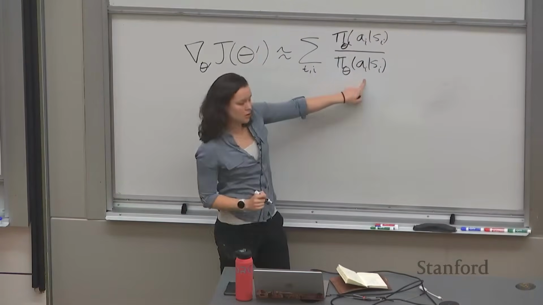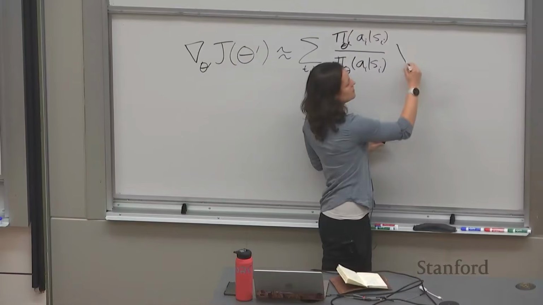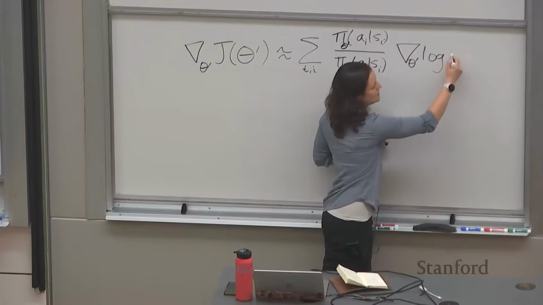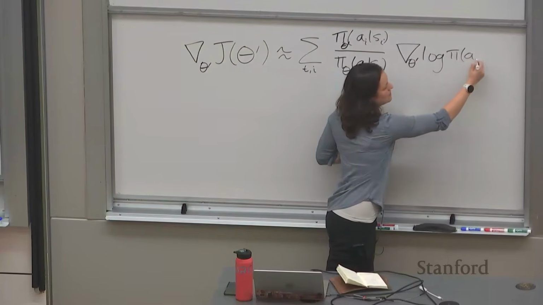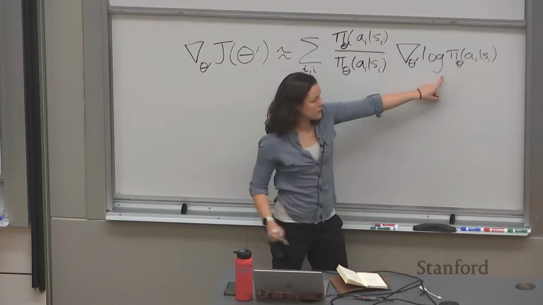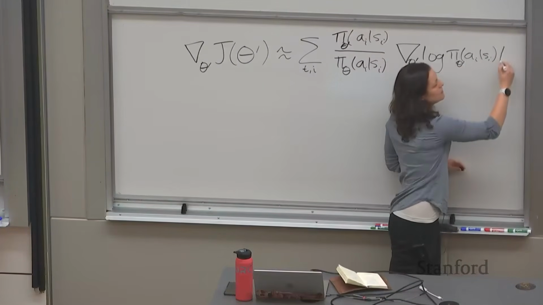So this is our importance weight term right here, and the rest will look the same as before, where we'll be evaluating the gradient of log pi times the advantage, our advantage estimate.